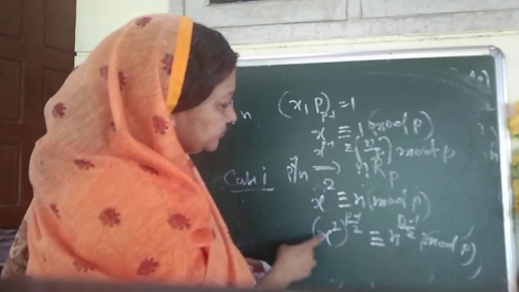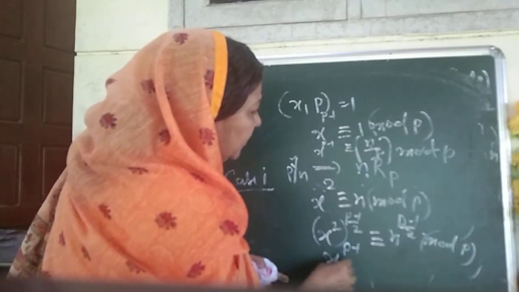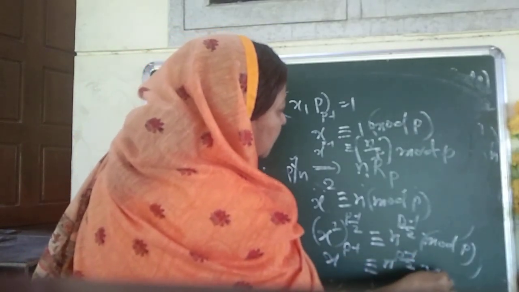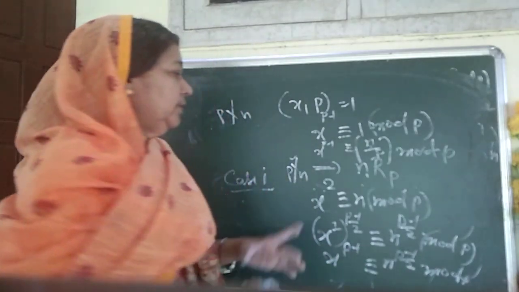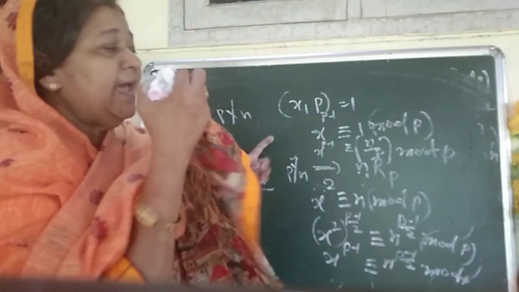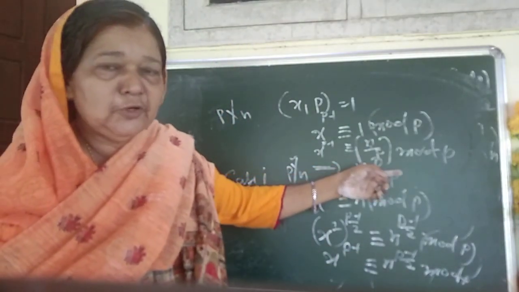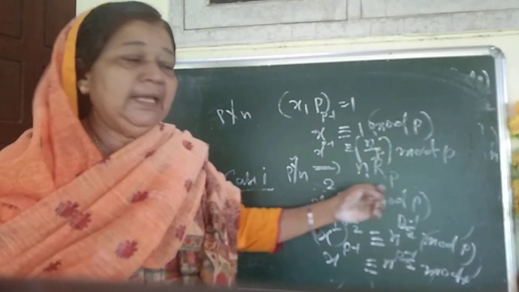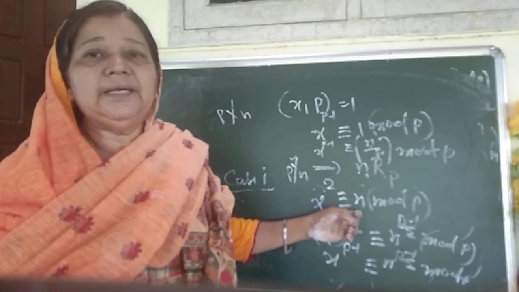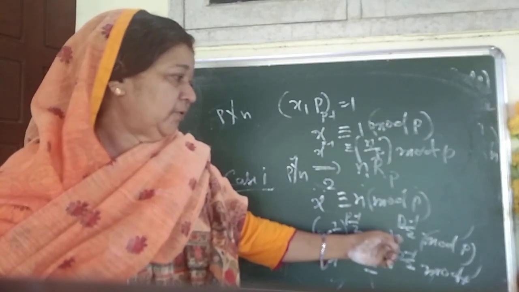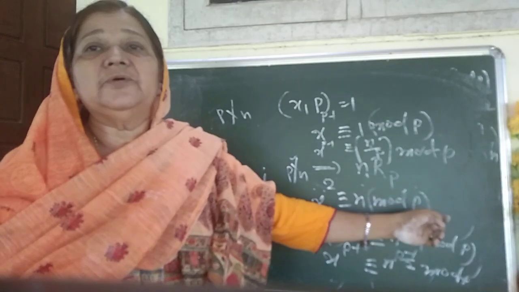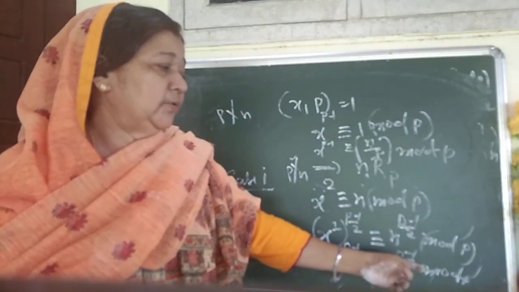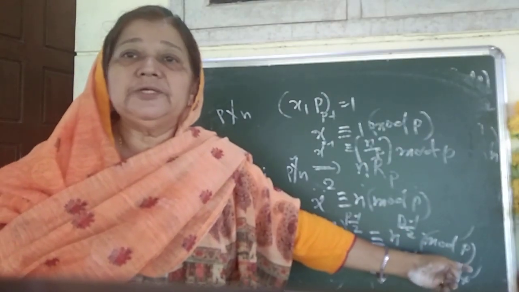Also, we have an equation x squared is congruent to n mod p. Therefore, x squared raised to p minus 1 by 2 is also congruent to n raised to p minus 1 by 2 modulo p. That is, x raised to p minus 1 is congruent to n raised to p minus 1 by 2 modulo p.